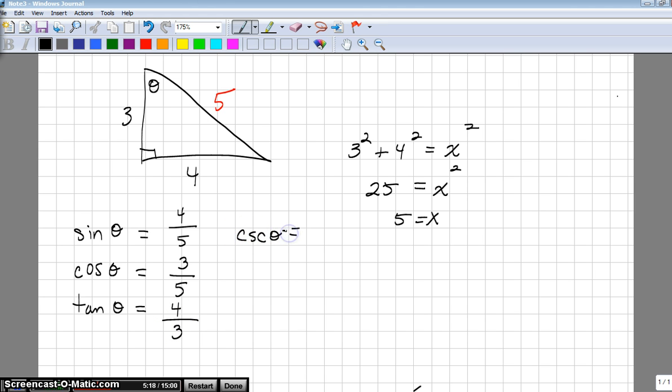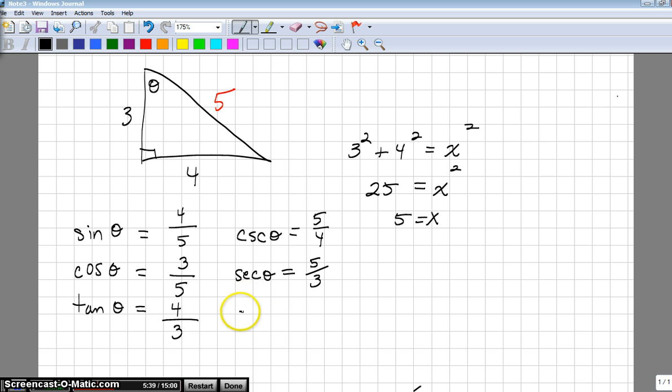Alright, so let's do cosecant now. The cosecant of theta is the inverse of the sine, so if the sine is 4/5, then the cosecant would be 5/4. The secant of theta is the inverse of the cosine, so if the cosine of theta is 3/5, then the secant is 5/3.